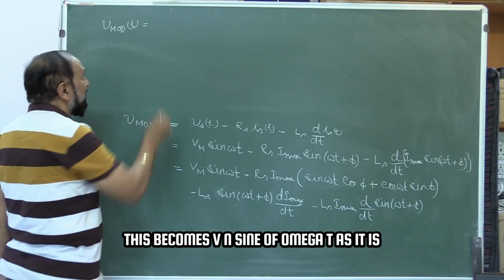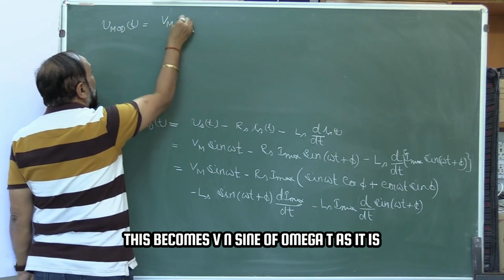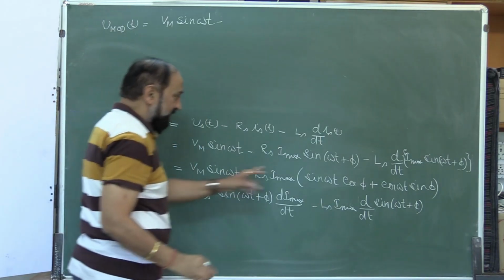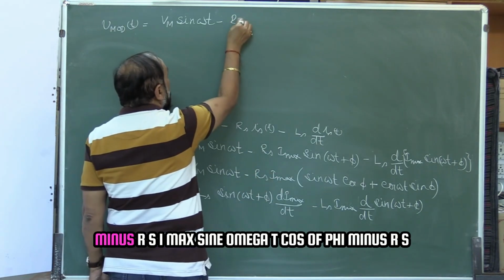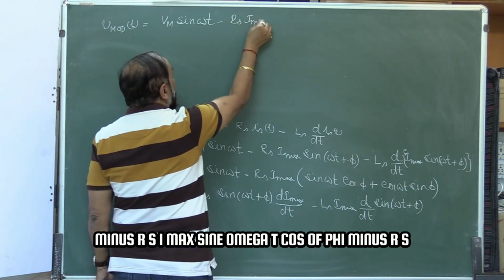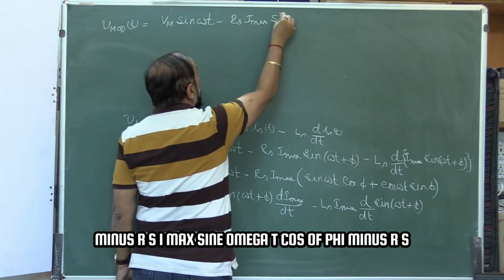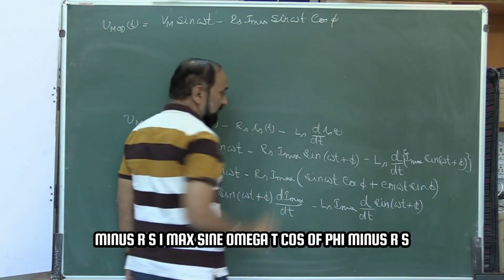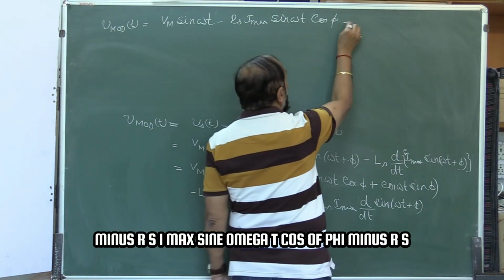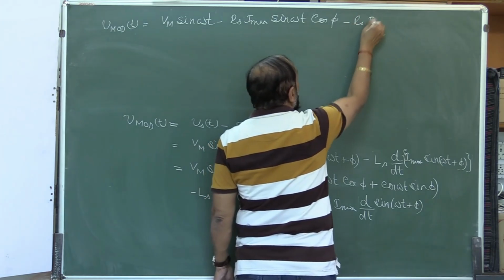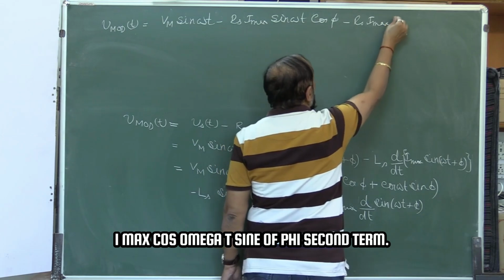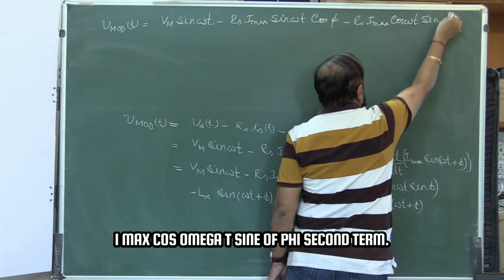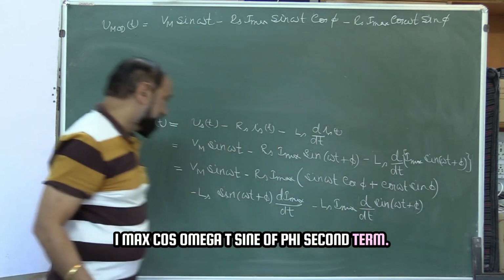This becomes Vm sine of omega t as it is, minus Rs I max sine omega t cos of phi, minus Rs I max cos omega t sine of phi. Second term.